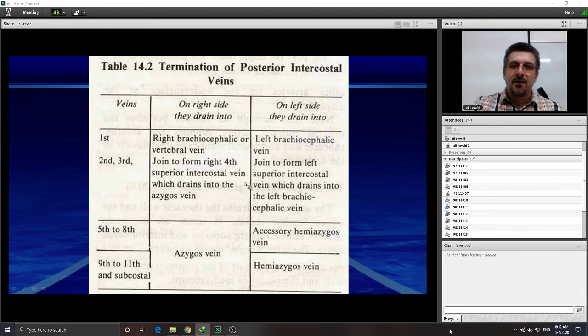Okay, but please correct this table, because the fourth is excessive here. You must delete it here and convey it here: second, third, and the fourth here.